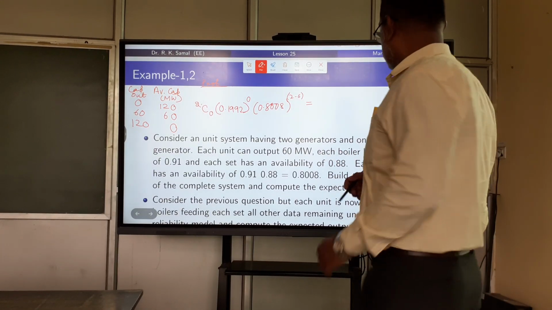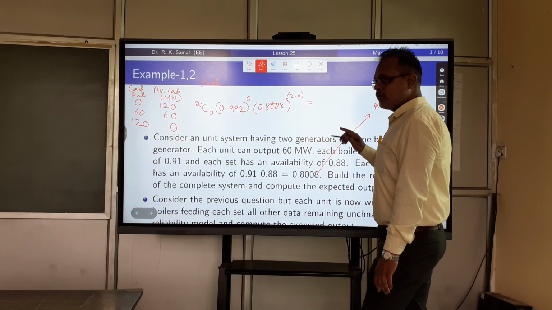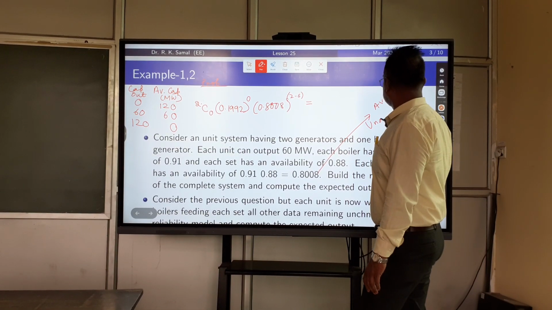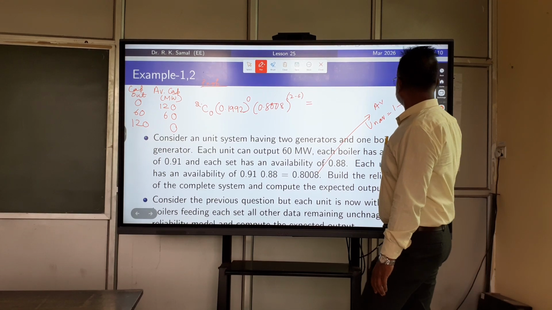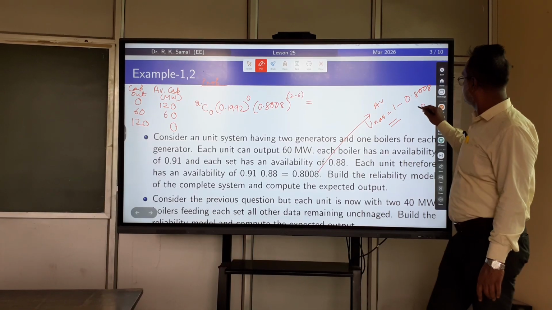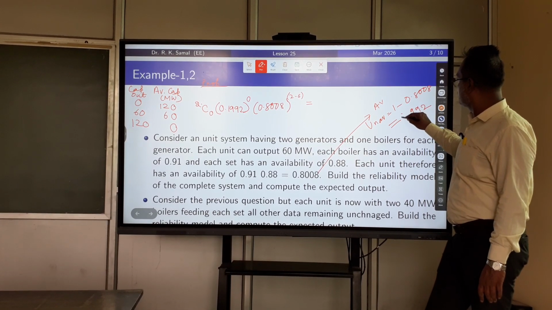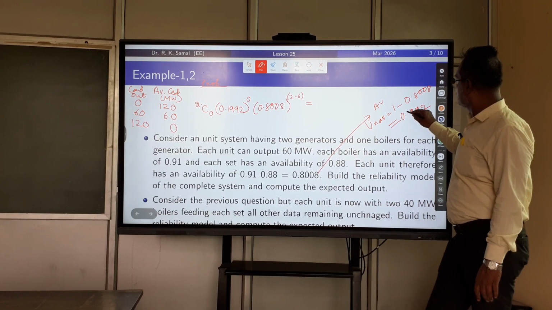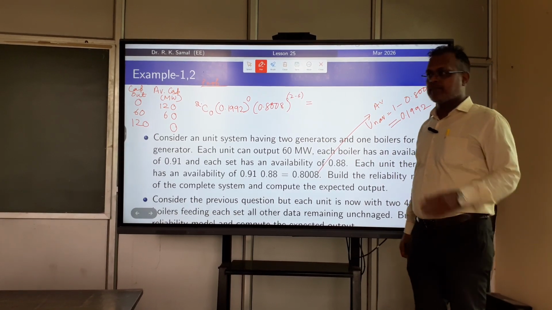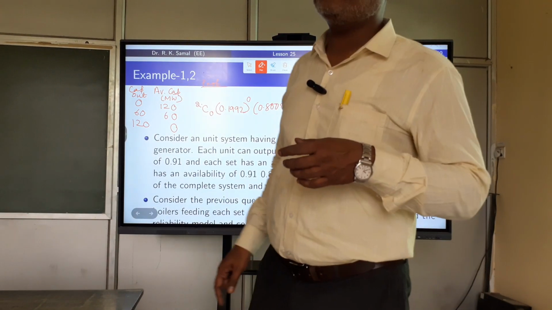It has the availability of the whole set; unavailability is 1 minus that. Tell me how much is 0.8008 square.